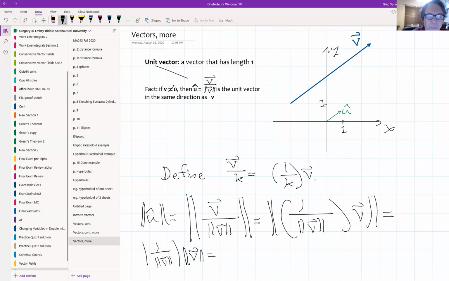Okay. Now, the scalar inside the absolute value is positive. And if you take the absolute value of a positive number, it stays the same. So those absolute values are unnecessary. So this is 1 over length V times length of V. And finally, that simplifies to 1. I'll draw a little filled in square. That's my QED thing.